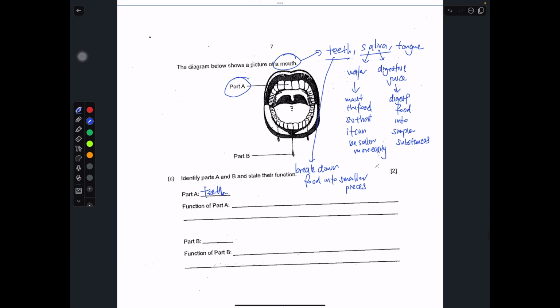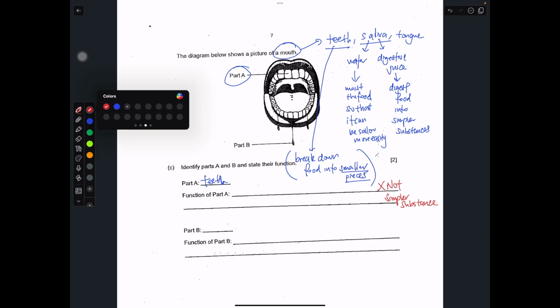Okay, so for A, this is actually the teeth. And the function is this: break down food into smaller pieces, not simple substance. Let me write down: not simple substance. That's a difference. And B will be your saliva.